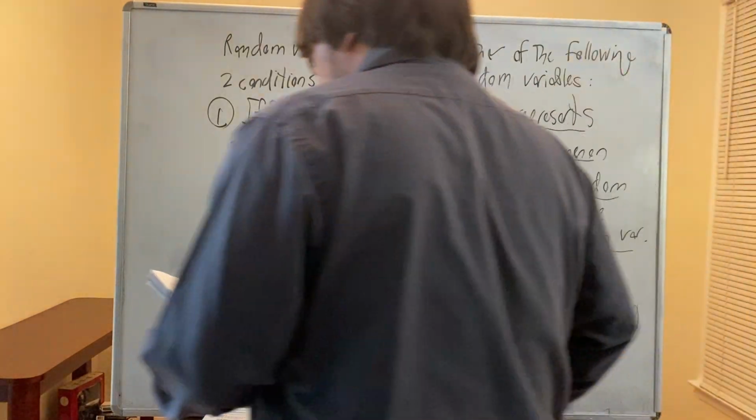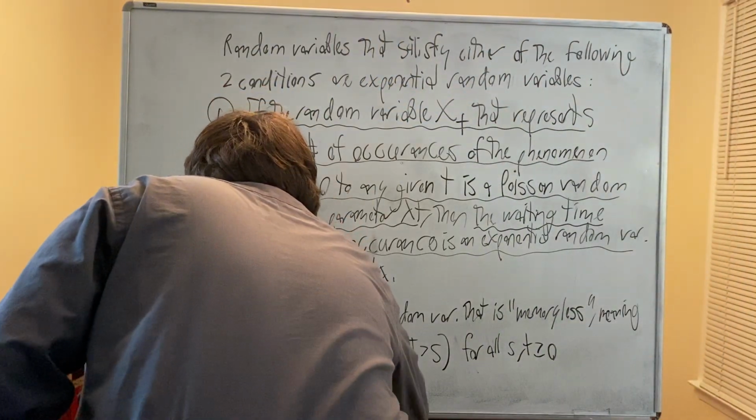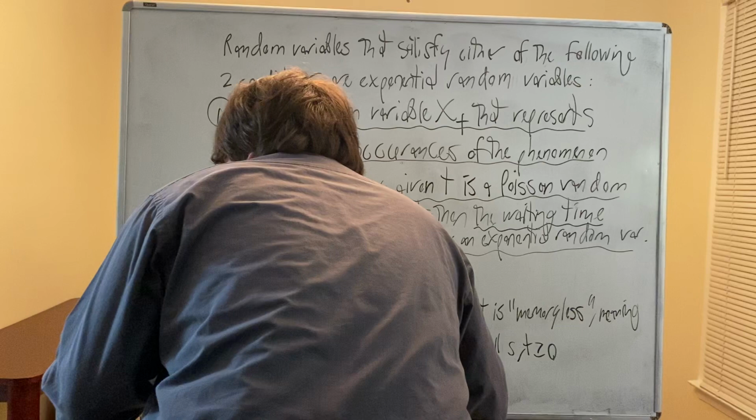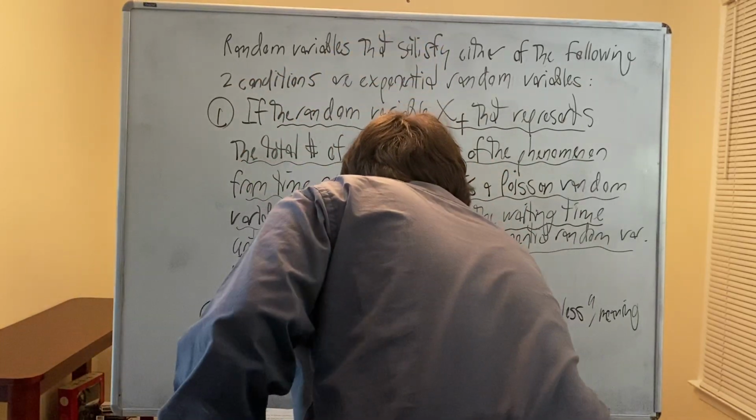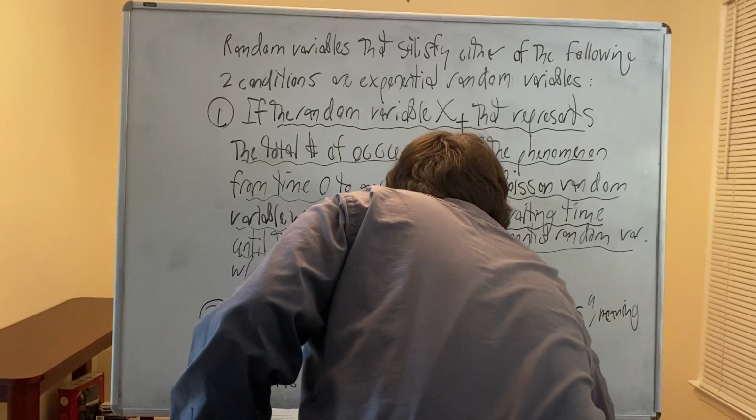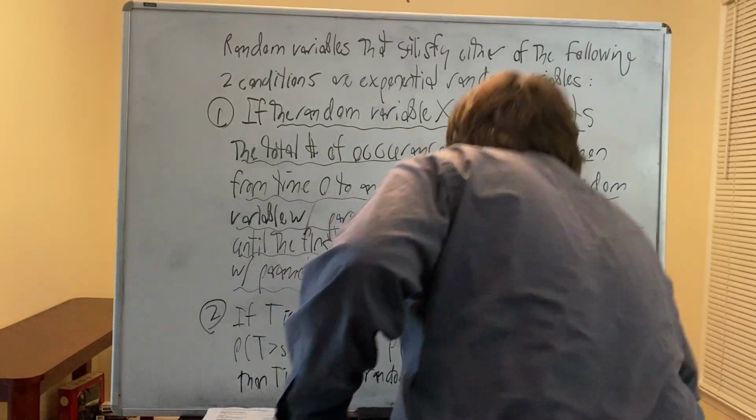So if that happens, then capital T is an exponential random variable.